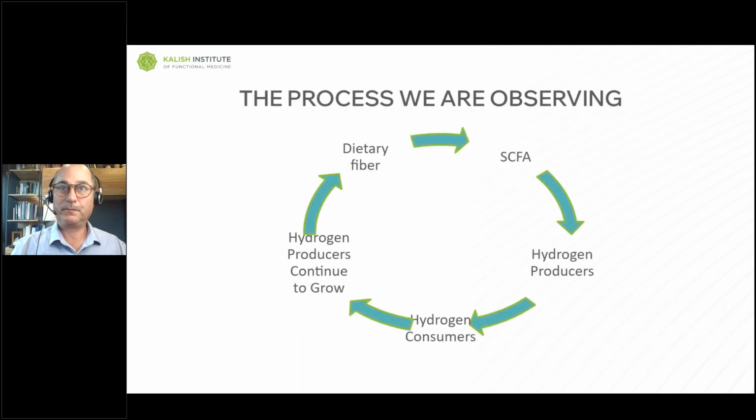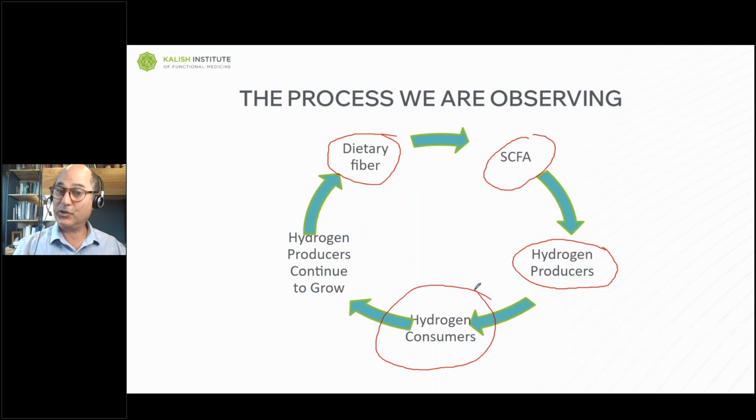So just a little reminder here, in case this is new, or you haven't thought about it this way, is that when we eat the fiber, there's certain bacteria that then convert that fiber into short chain fatty acids. And then there's other bacteria that start to make hydrogen. And then there's other bacteria that start to consume the hydrogen that these guys made.